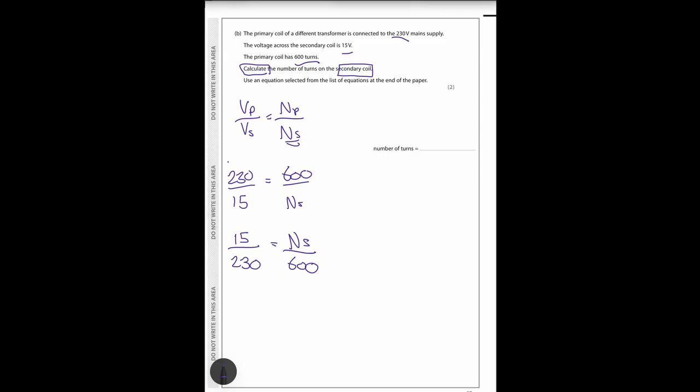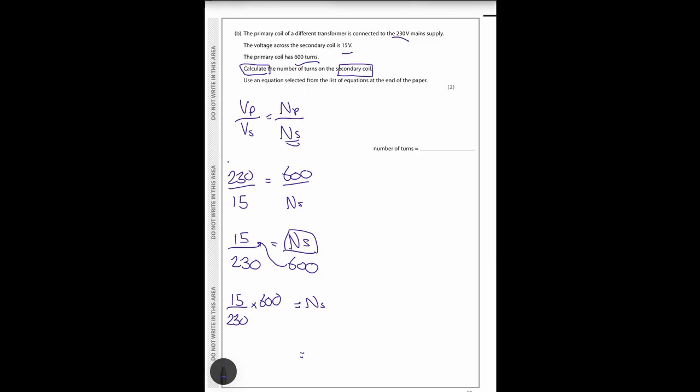Now it's easy to rearrange because I can just put this up here like that, or like we've done in the other ones, I could just work out the left hand side first. Basically I'm going to get 15 divided by 230, the whole thing multiplied by 600, and that's going to be equal to Ns. And now I can just say Ns equals, and I'm going to put that in my calculator.